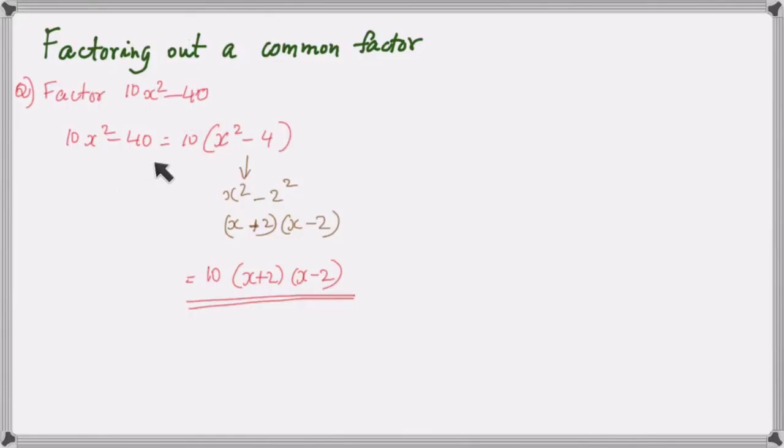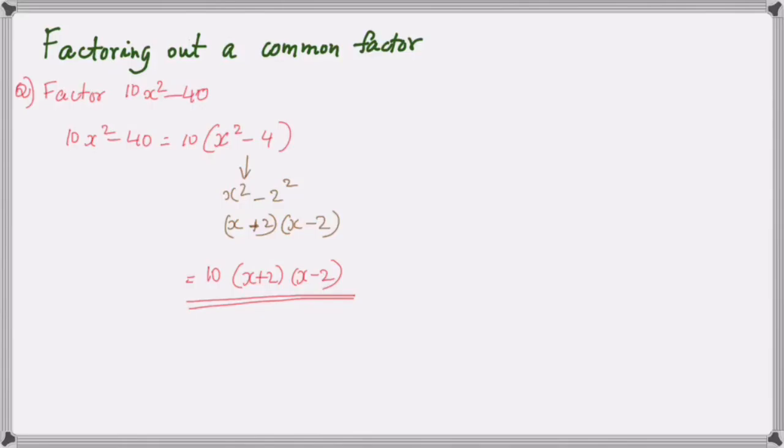So 10x square minus 40 can be written as 10, and within parentheses, if you extract 10 out of this, you would get x square. And if you divide 40 by 10, you will get 4, right? So you can write this as 10 and within parentheses x square minus 4.